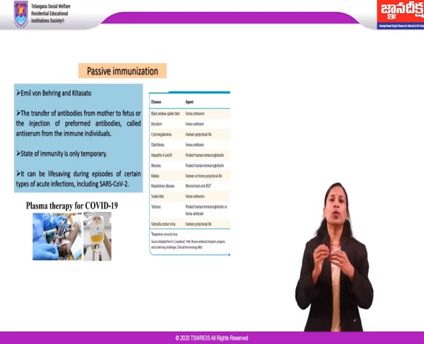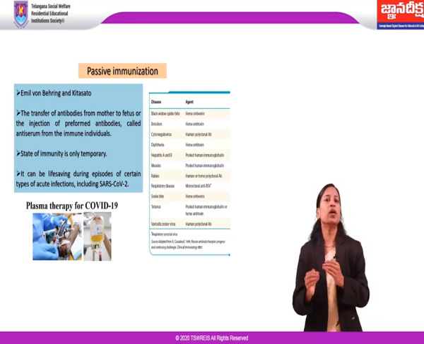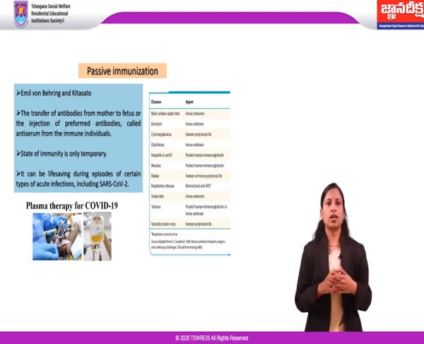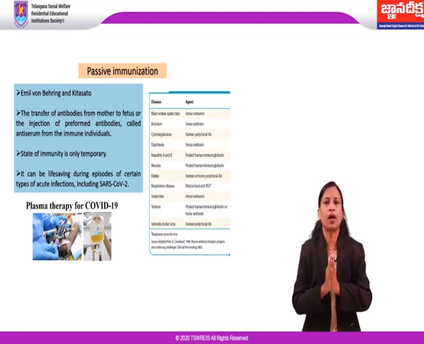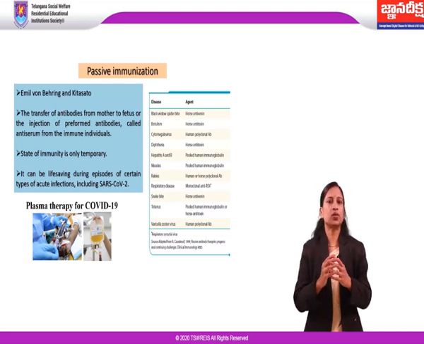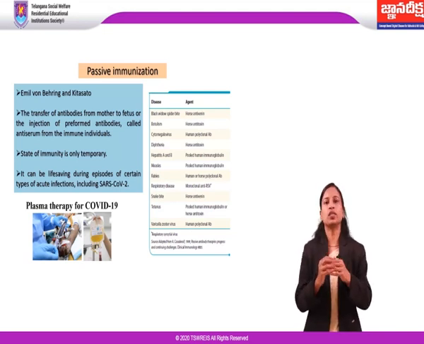It provides only temporary immunity without the development of memory B or T cells. Presently, in plasma therapy, antibodies from completely recovered patients, known as convalescent donors, are being explored as a potential therapeutic intervention for current COVID-19.